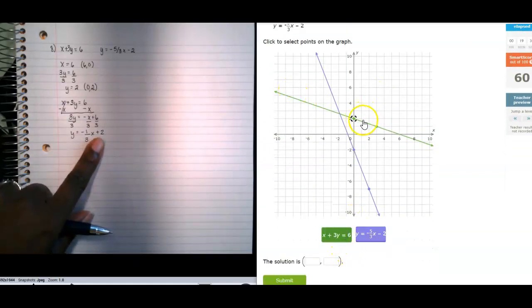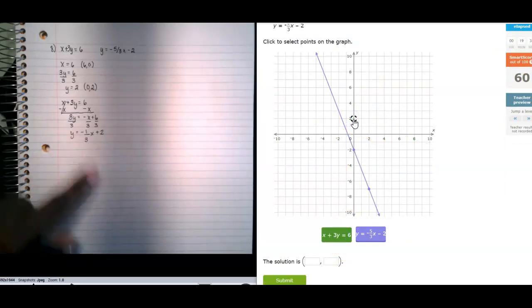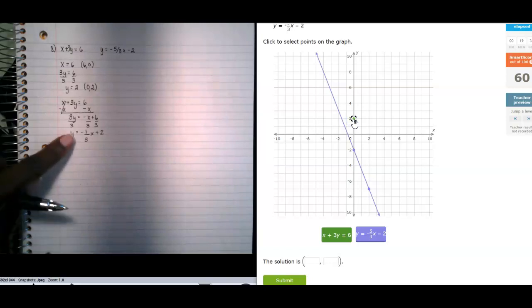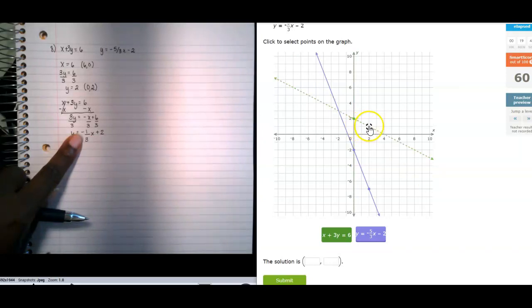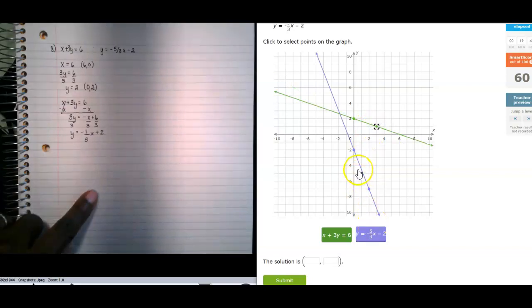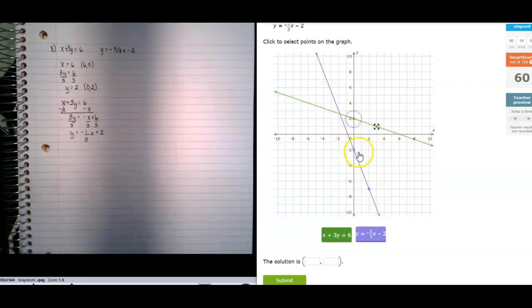Let me go back to the green line. So I'm going to start at 2, and I'm going to go down 1 over 3. 1, 2, 3. Okay, that line's right. Maybe this one's wrong. Let me test this one. And sometimes this happens, guys.